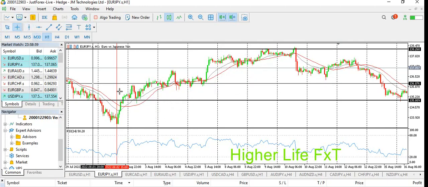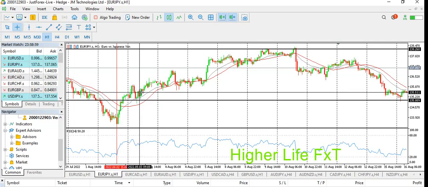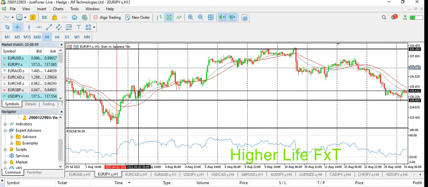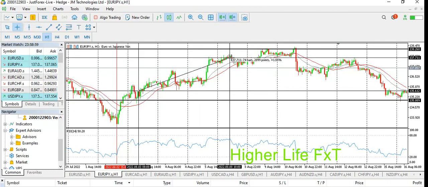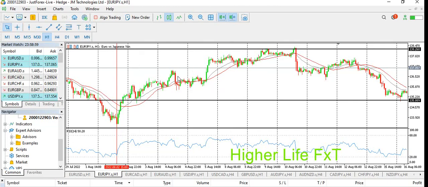Let us see how many pips if you entered in this area up until this area. It shows us that it is 209 pips in 1, 2, 3, 4 days. 209 pips.